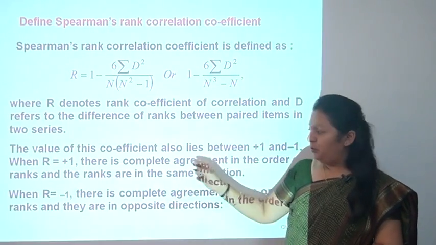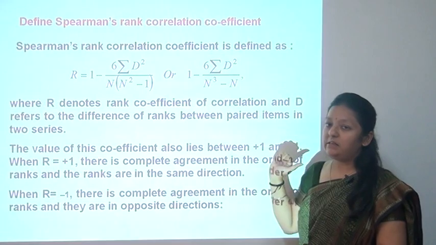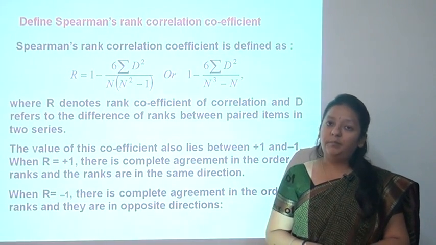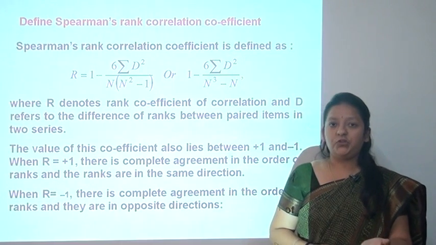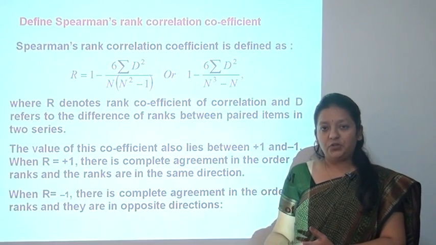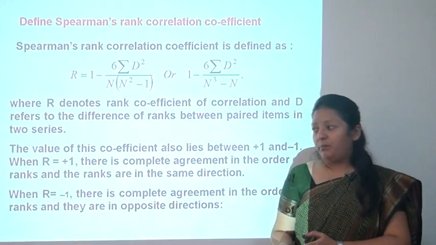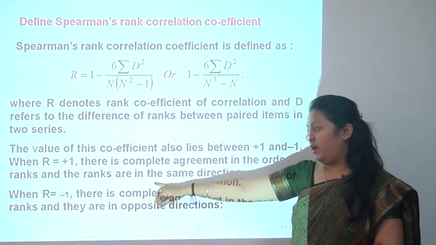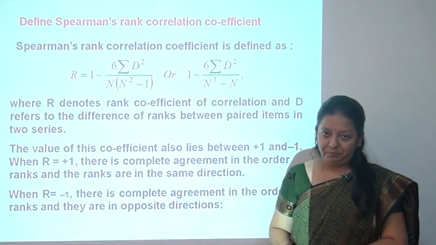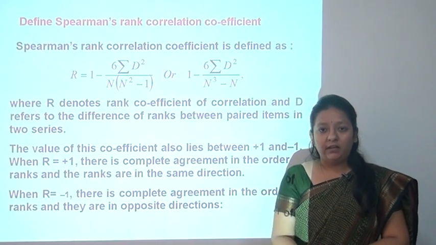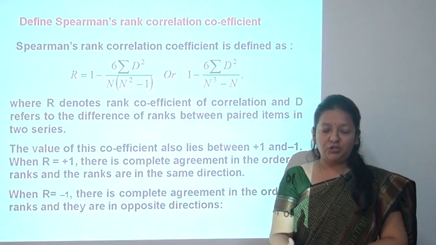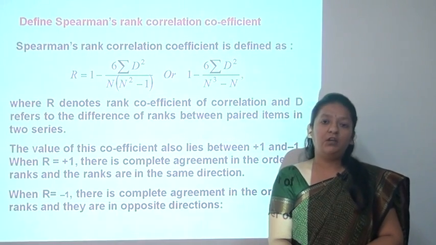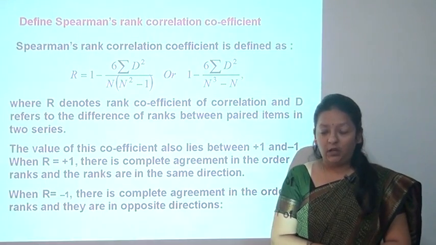The value also lies between -1 and +1, as with Karl Pearson's correlation coefficient. There is a complete agreement in order of ranks, and the ranks are in the same direction. If it is +1, there exists a perfect correlation between two variables, and if it is -1, there exists a perfect negative correlation between two variables.